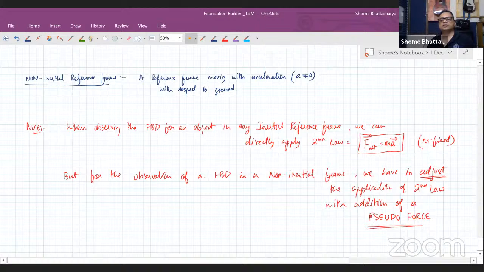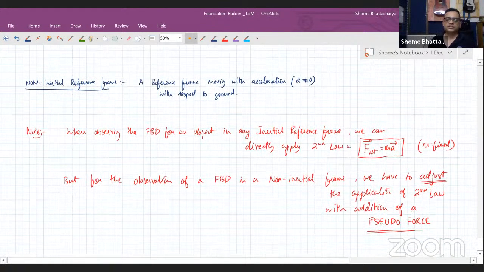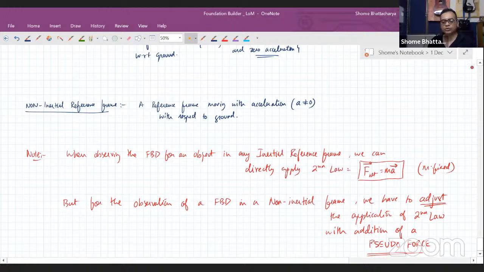Okay, so this is a very interesting subject, the concept of pseudo force. And we ran out of time today, so we'll discuss in detail the next time about pseudo force.